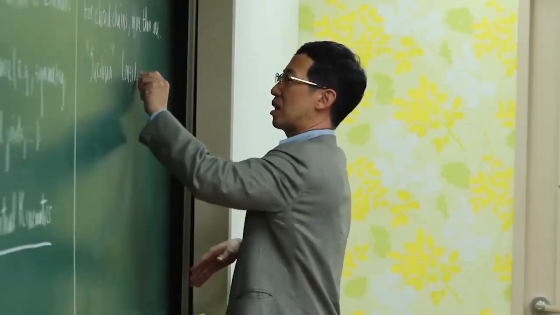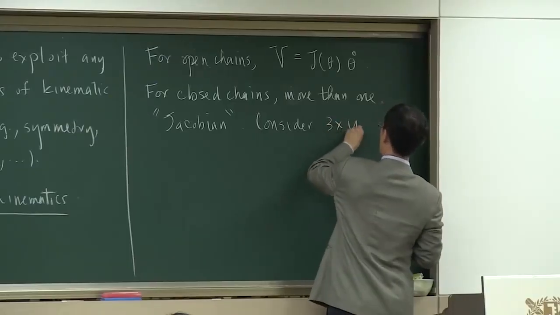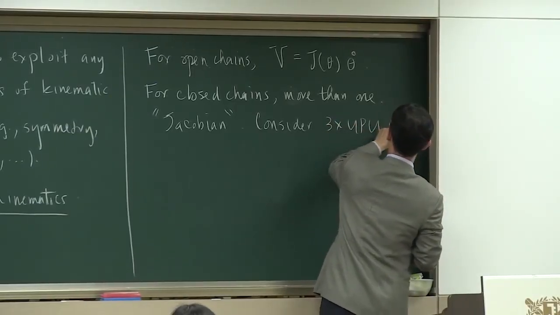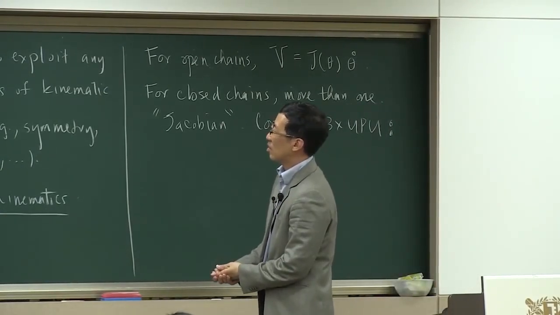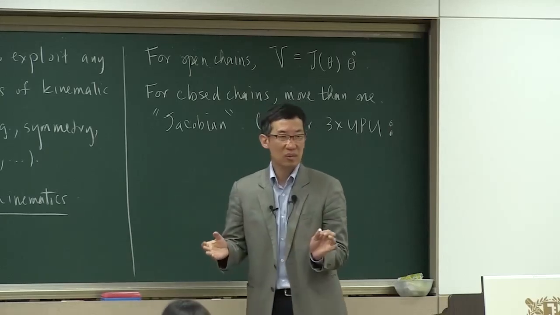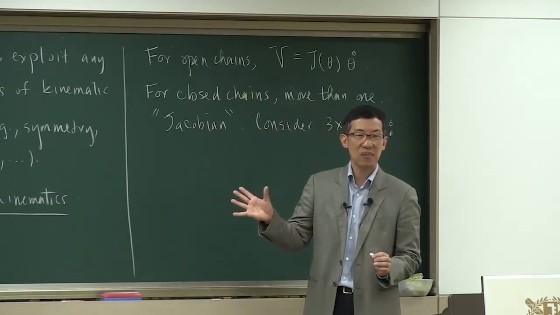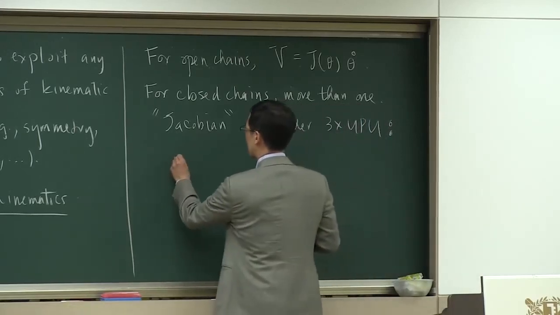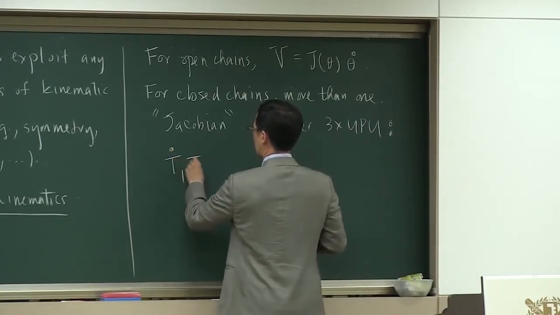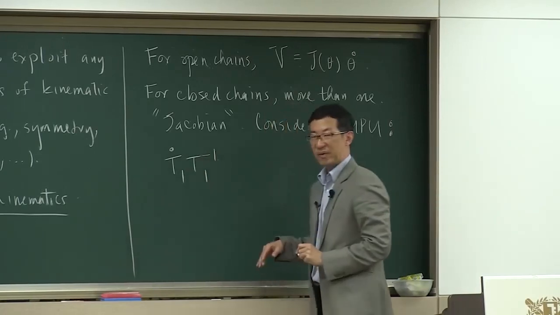So let's consider the 3UPU. Okay, so we have equation 1. What we can do is we can now take the derivative of both sides of equation 1. So T1 dot, let's work with right inverses.